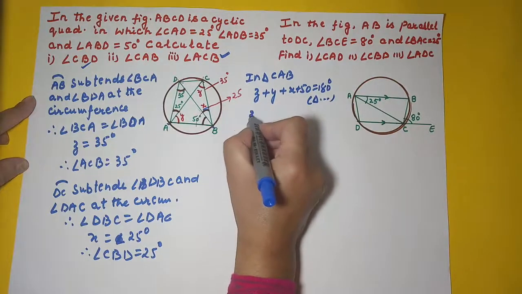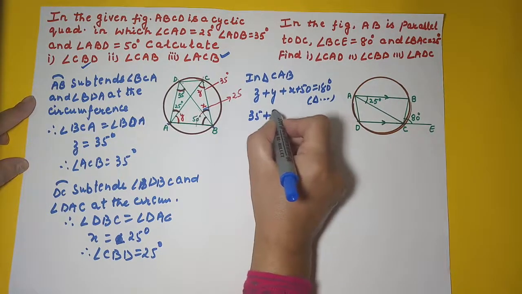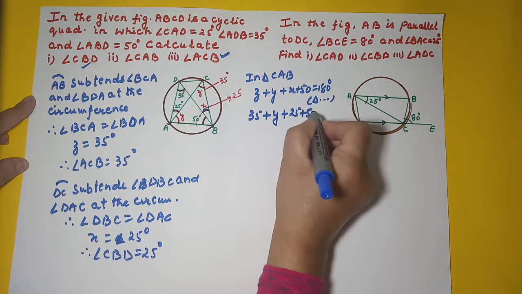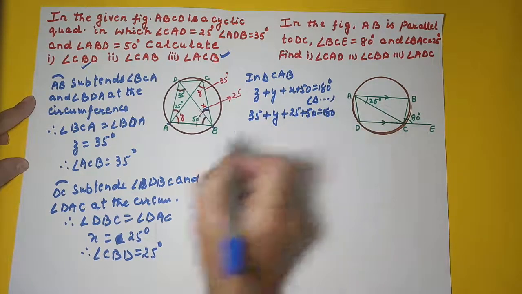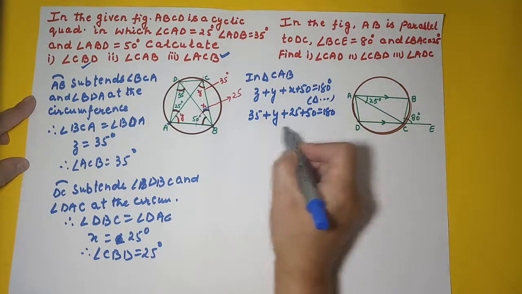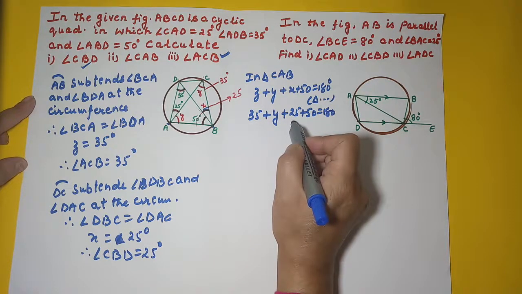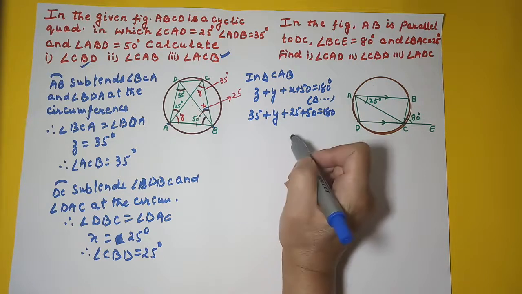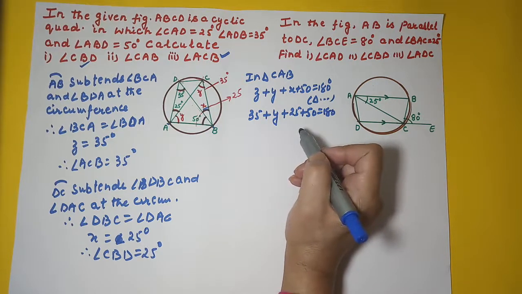Your Z is 35, you don't know your Y, your X is 25, plus 50 equal to 180. 35 plus 25 is 60. 60 plus 50 is 110, right?